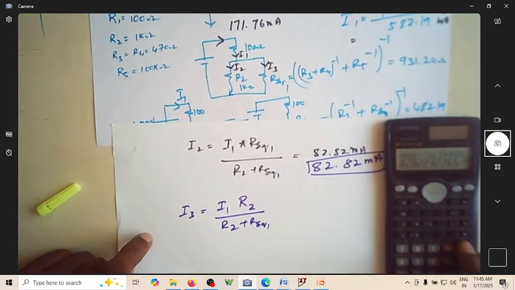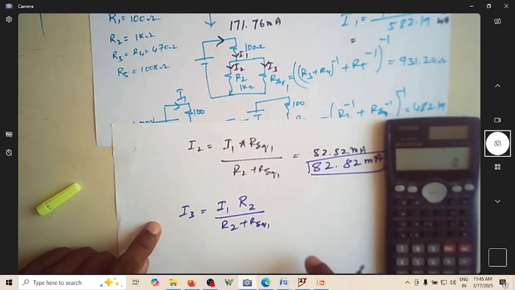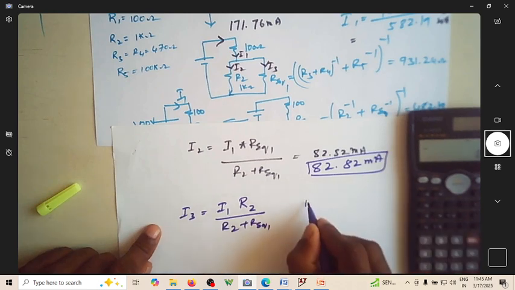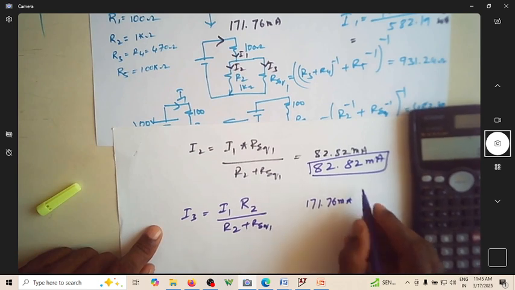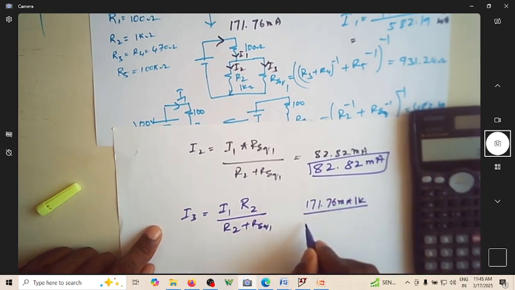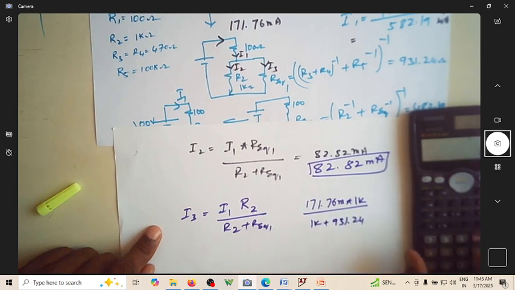How much is this now? How much is I1? It is 171.76 milli multiplied by R2, which is 1K, divided by 1K plus 931.24.